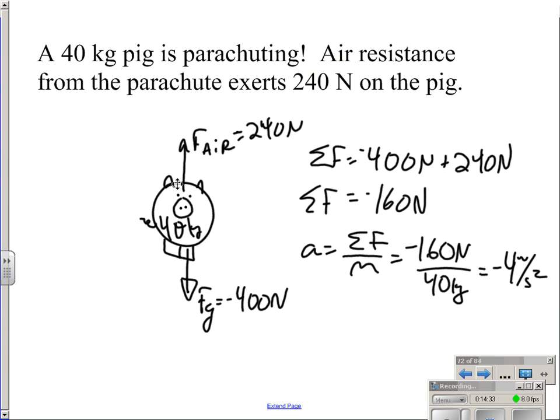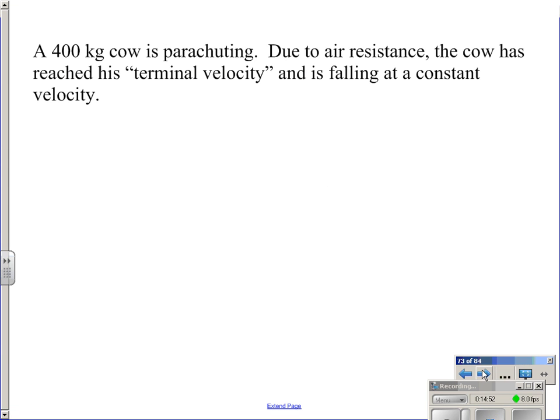So what's going to happen in this problem is our pig is moving down, and as he continues to accelerate down, he goes down faster and faster and faster. And as he goes down faster and faster, your air resistance will get bigger and bigger and bigger. All right? And eventually, what happens is you reach what's called terminal velocity.